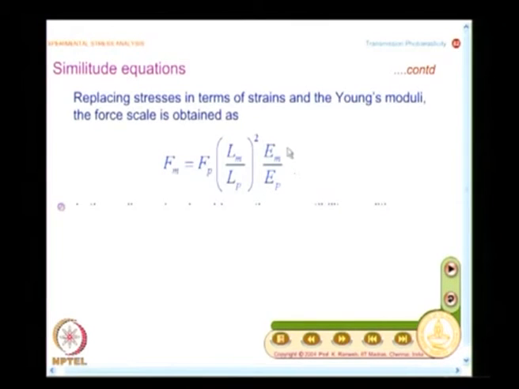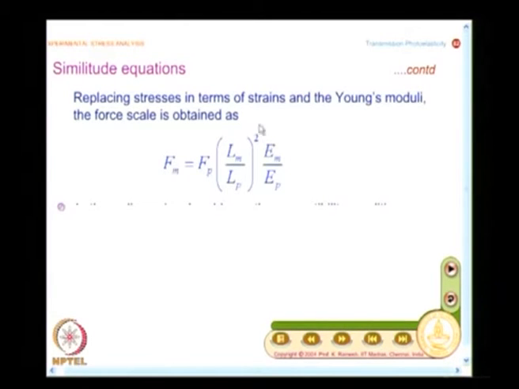So I bring in the elastic constants, and obviously when the prototype is steel, it is about 210 GPa and the model is about 3 to 4 GPa. That means F_m will be much smaller than the load coming on the prototype.